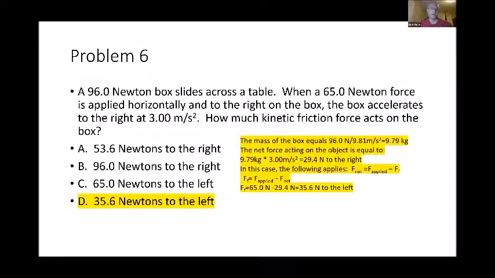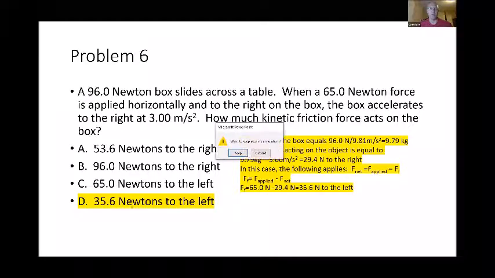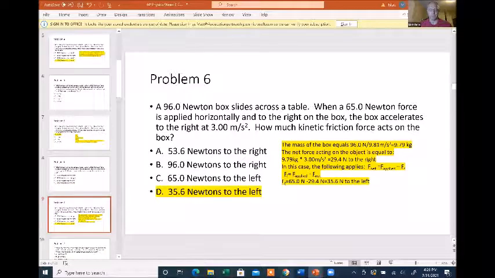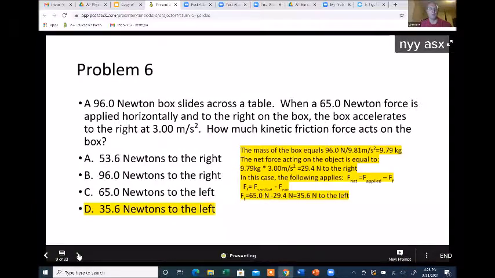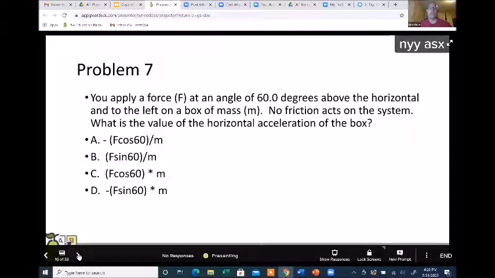All right, let's get back to our Pear Deck screen. And let's try problem 7. All right, so take a minute and try that one.